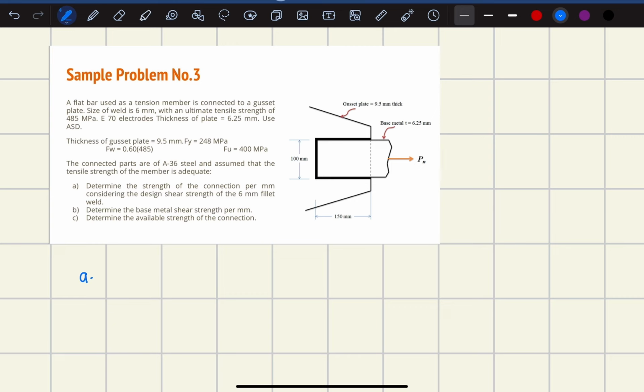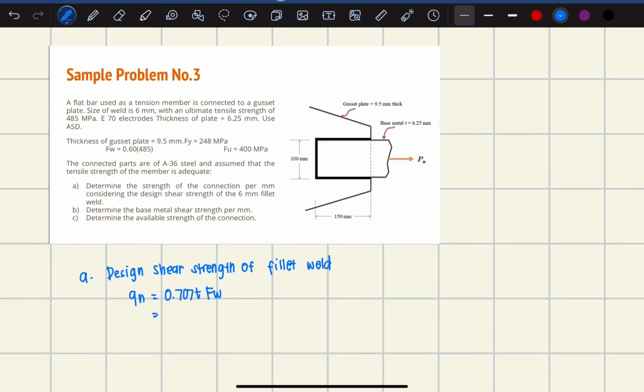So, to solve this one, use the design shear strength of fillet weld. So, Qn is equal to 0.707 times the thickness times Fw.